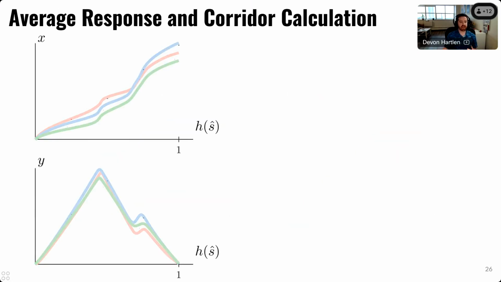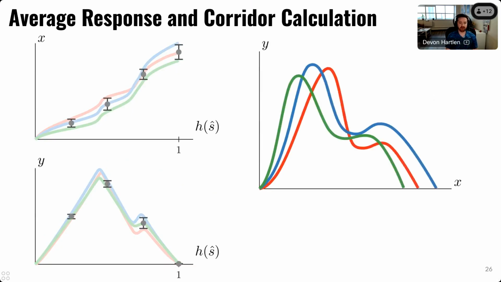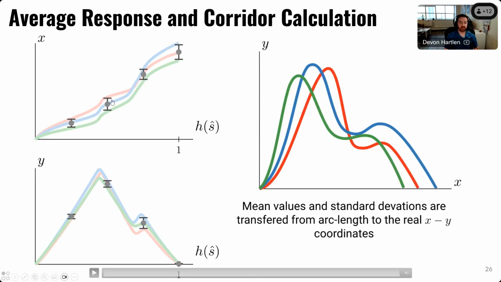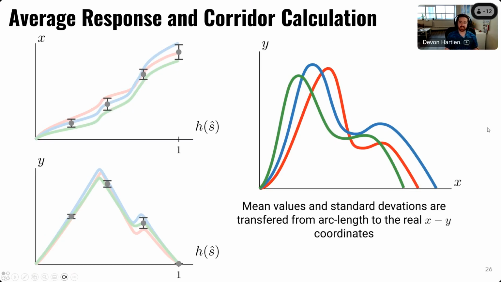So once we have everything reparameterized and registered with respect to normalized and warped arc length, we can begin calculating our average response and corridors. And this is the part that ties directly into ARCGen, or the outputs from ARCGen rather. So we have the mean response and standard deviation at each normalized arc length in X and Y, and those are denoted by the dots and error bars on the left-hand side.